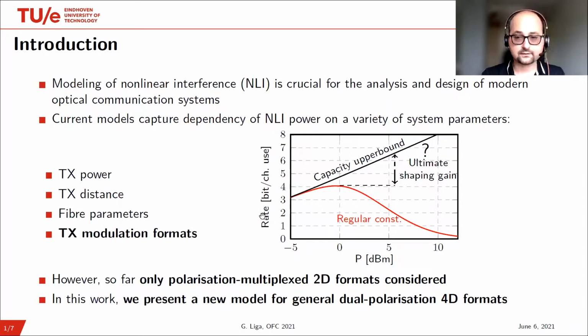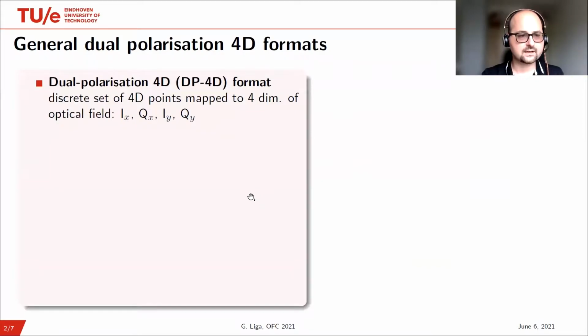And that's why today I'm going to show you how we extended the previous models to also account for general dual polarization 4D constellations. But what is a dual polarization 4D constellation, or DP4D format?